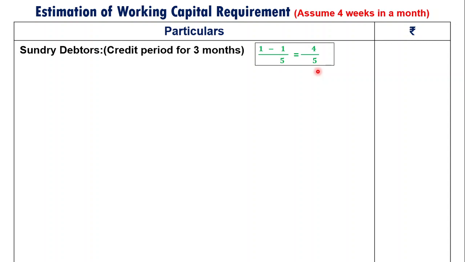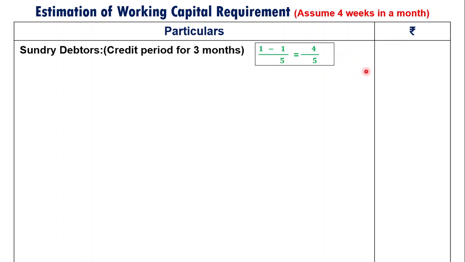In other words, one more simple method to calculate the credit sales proportion: 20% is cash sales out of 100, and the remaining part is 80%. 80% in the sense 80 divided by 100.